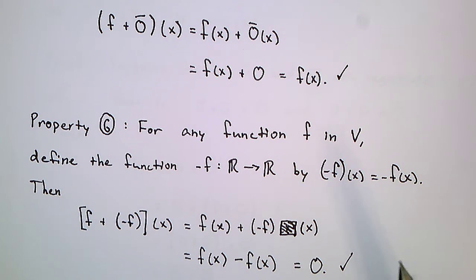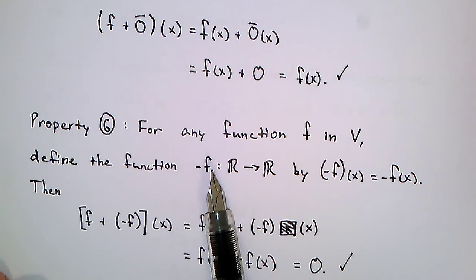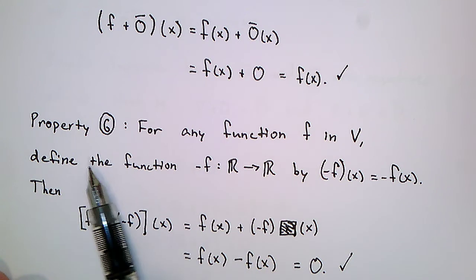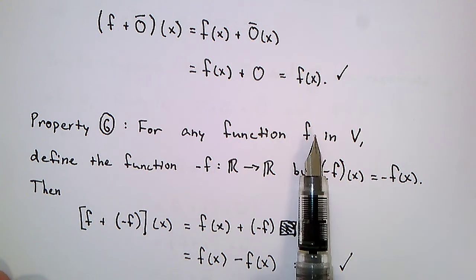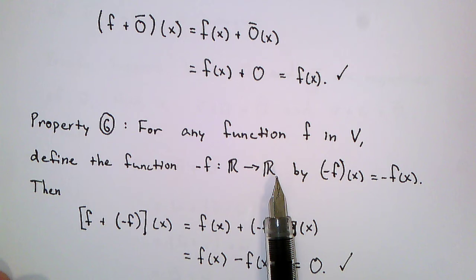In property 6, what we're looking for is the negative of any vector, or any function in this case, in our vector space. So that means if I'm given a function, I have to find the negative of that function. In order to do that, I'm going to define this new function. Given f, I define minus f from the real numbers to the real numbers.